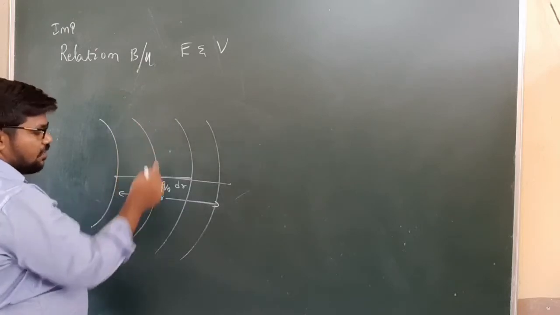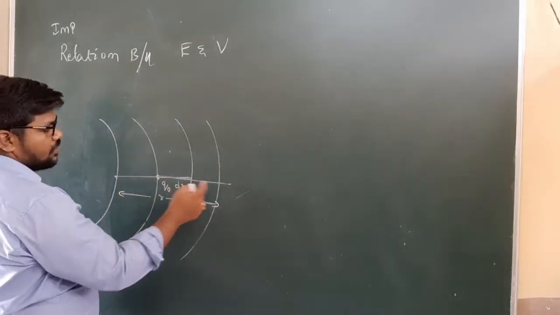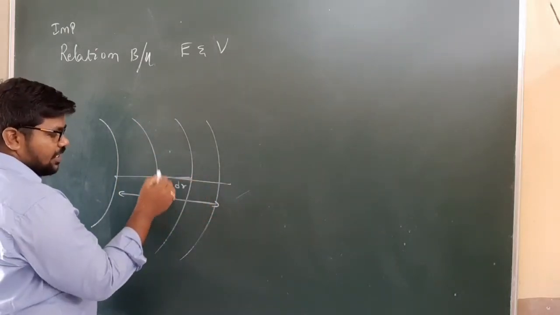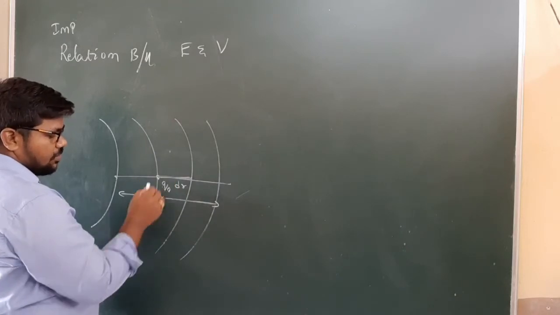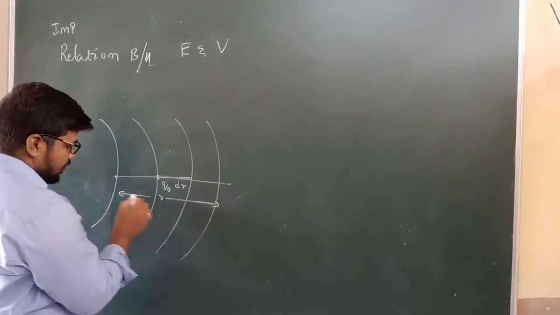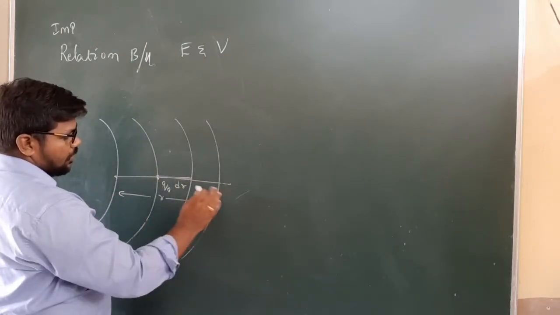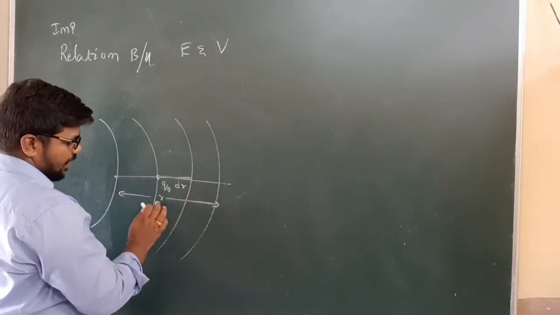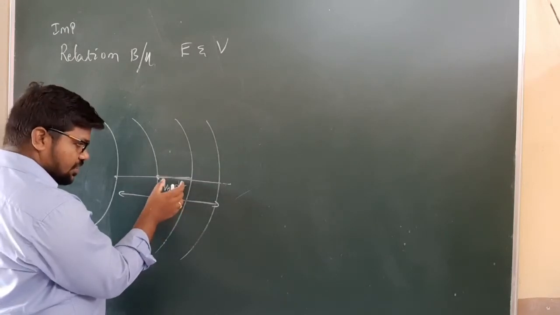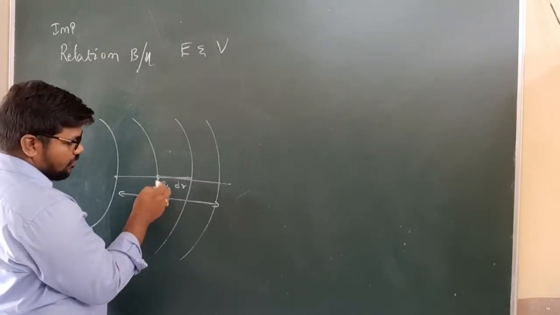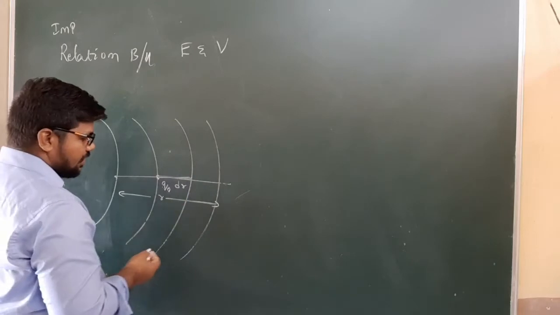Consider equipotential surfaces 1, 2, 3, 4 like that. Consider a test charge Q0, that is always positive. Consider the distance between the starting and ending equipotential surface as R. So consider a small length dr from one potential surface to another.